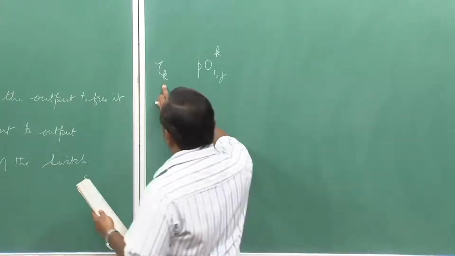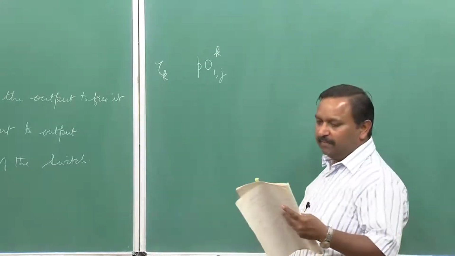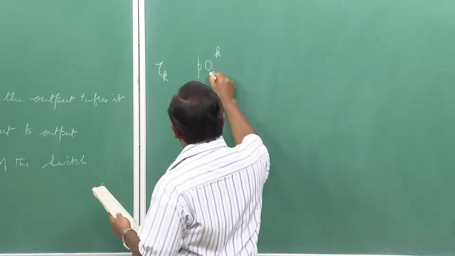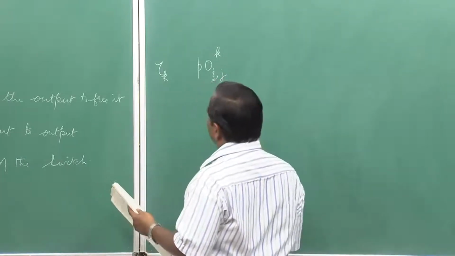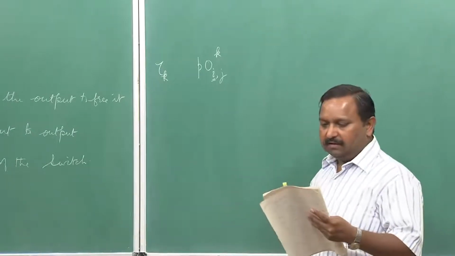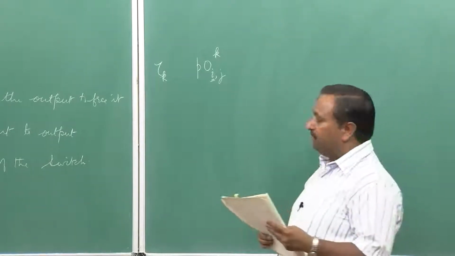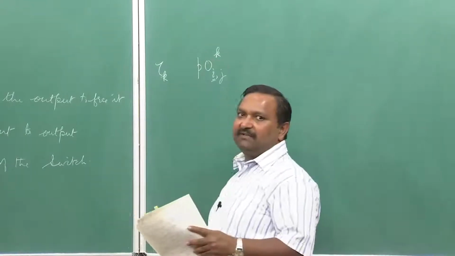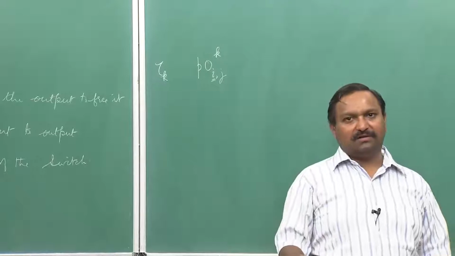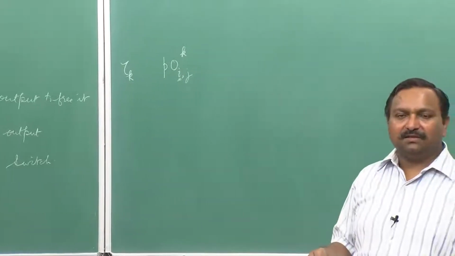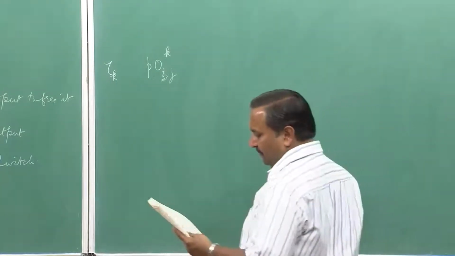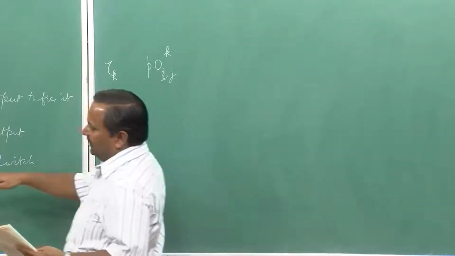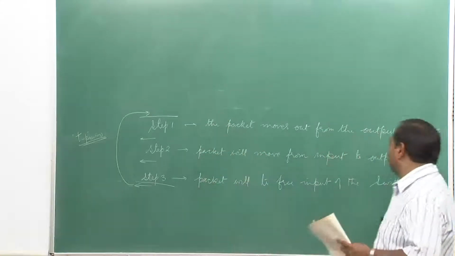This k signifies this particular time step, and I define this as I. I means it is the state I, j means the stage j, the switch is in stage j. All switches in stage j will have the same probability distribution. This we have already done as one of the lemmas, and 0 means this is step 0, which is basically after step 3 of the previous time step.